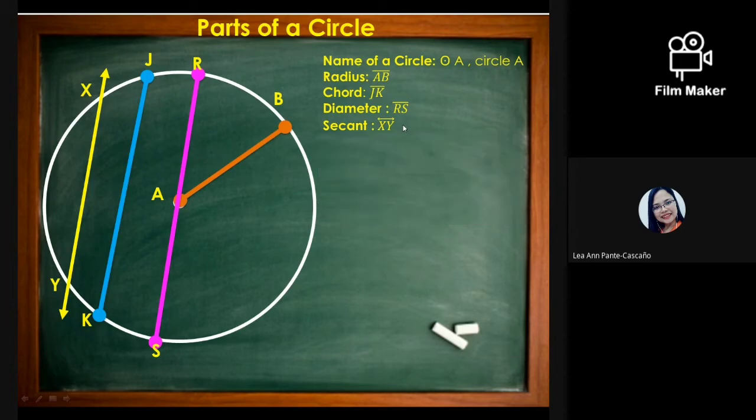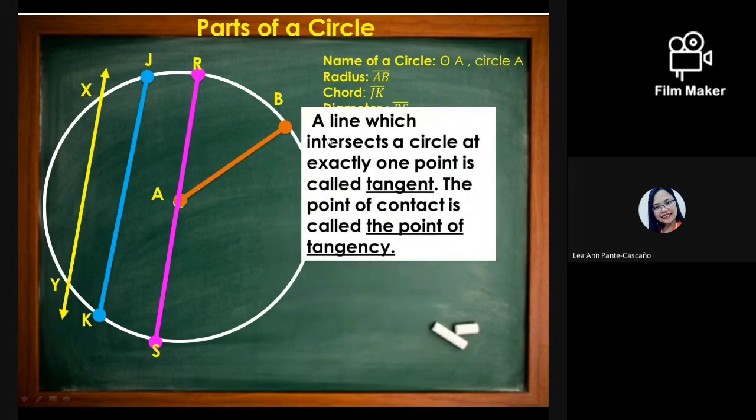Now, let's have the second one. A line which intersects a circle at exactly 1 point is called a tangent. Kung kanina, yung line na nag-intersect sa circle ng 2 points is secant, now we have the tangent which intersects a circle at exactly 1 point. Yan po ang ating tangent.